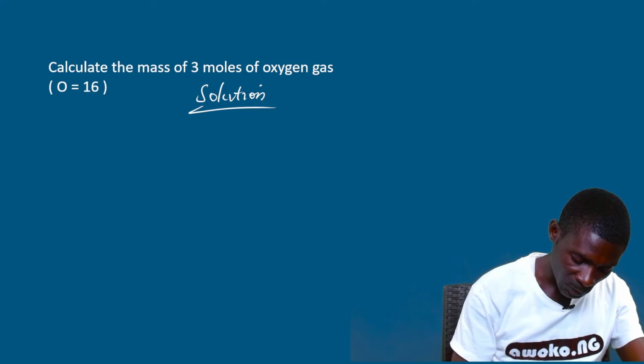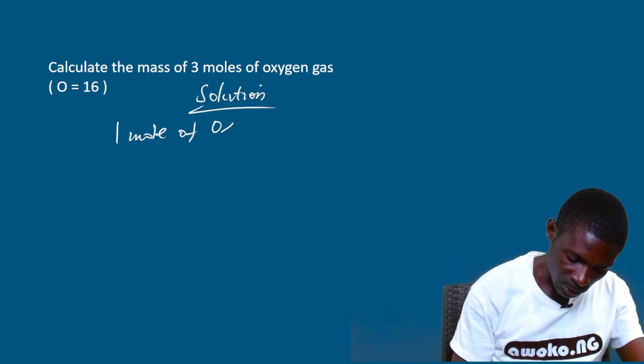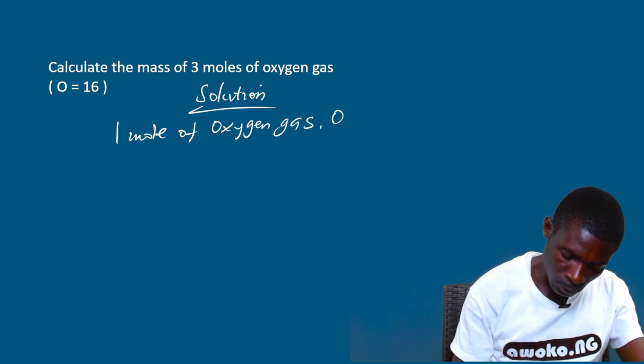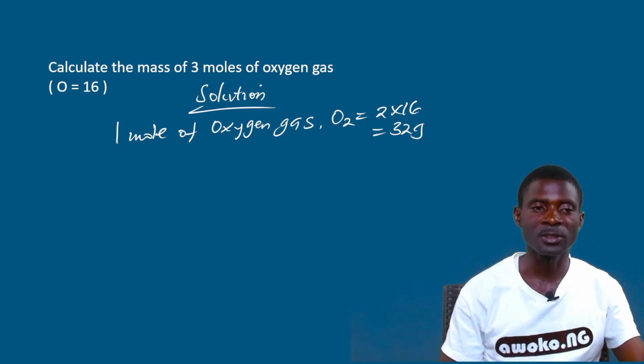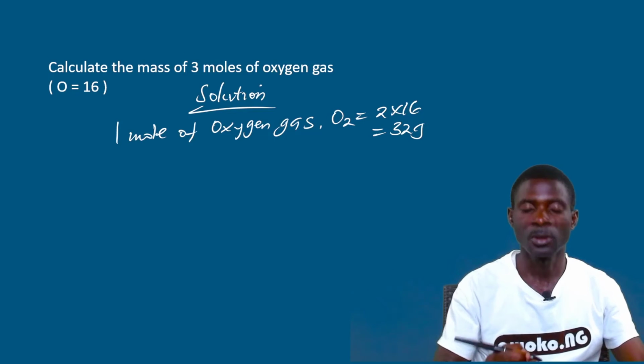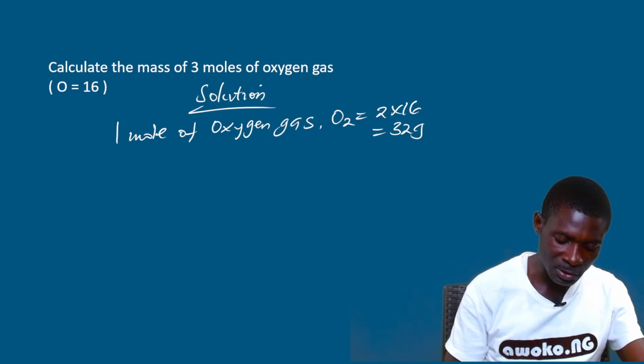So we have 1 mole of oxygen gas. 1 mole of oxygen gas written as O2 is equal to 2 multiplied by 16, which is equal to 32 grams. So 1 mole of oxygen gas is equal to 32 grams. So we can now find the mass of 3 moles.